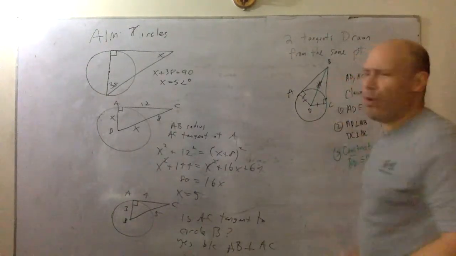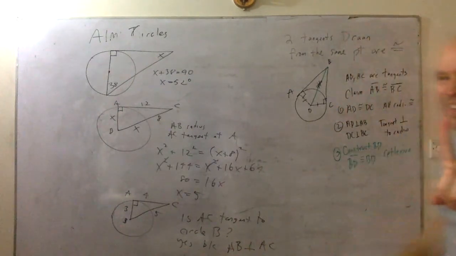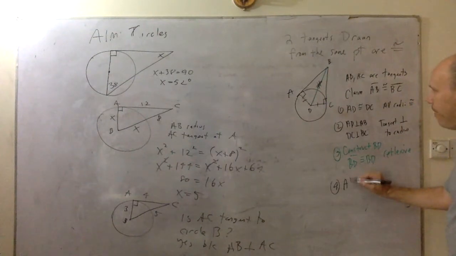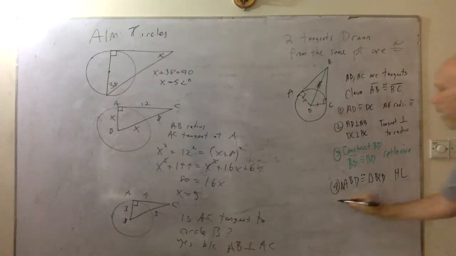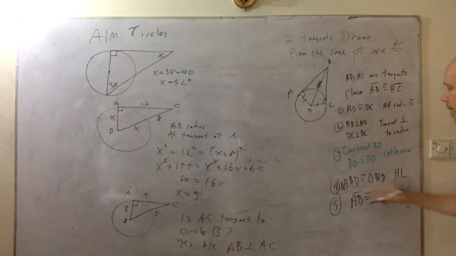Are we done? Well, side angle, that doesn't work, but these triangles are congruent. So ABD is congruent to triangle BCD. Why? Hypotenuse leg. Number 5, AB is congruent to BC.